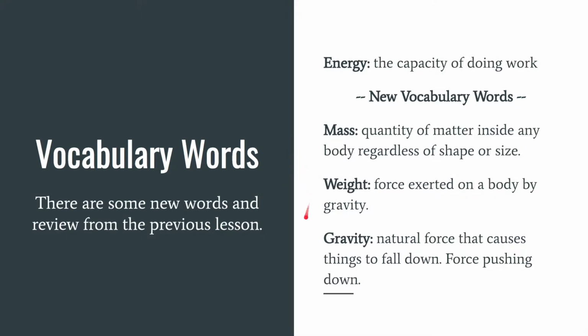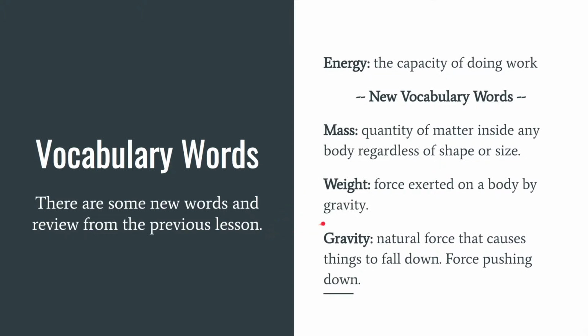But weight also includes the force exerted on the body, basically how much force is being exerted on a body. Weight is what we usually measure. Sometimes at a doctor's office they will measure your mass, but most likely weight is what is mostly used. Now, we will learn how to convert mass into weight and weight into mass, so it'll be pretty cool.